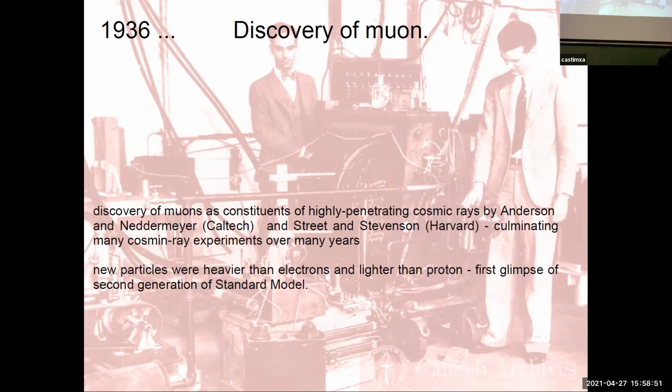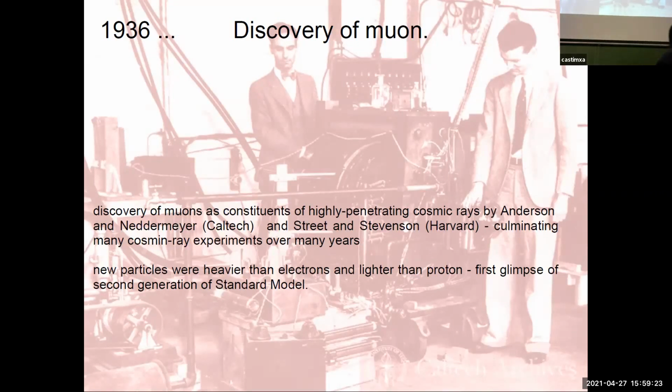The claim for a new particle was because once they started to measure the mass of the cosmic rays, they found that they were much heavier than electrons, which they knew about, and much lighter than protons, another particle they knew about. So it had to be a new particle, because there was no other particle known between the very light mass of an electron and the much heavier mass of a proton.